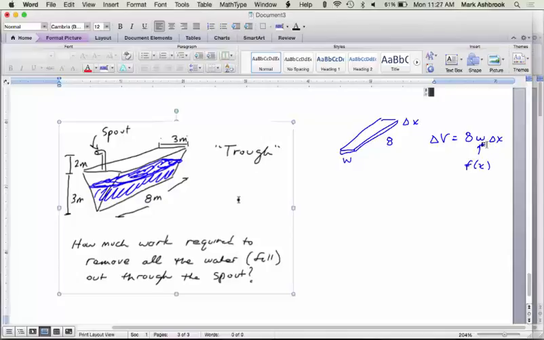So we need that as a function of x. So we have to figure out when x is what. What's W? So when x is 2, W is 3, and when x is 5, W is 0. So the rate of change is -1.